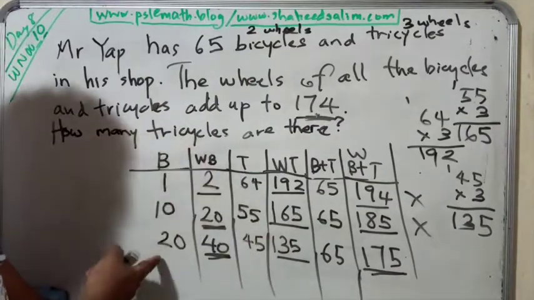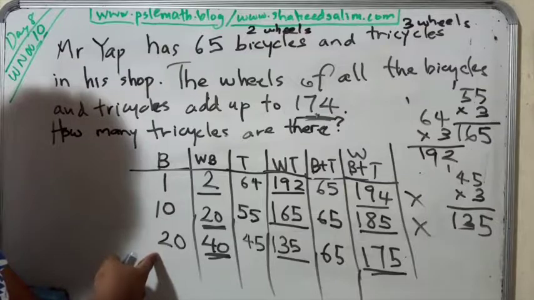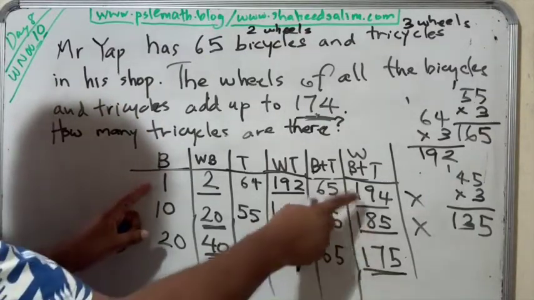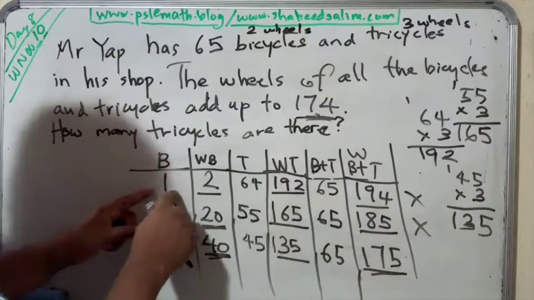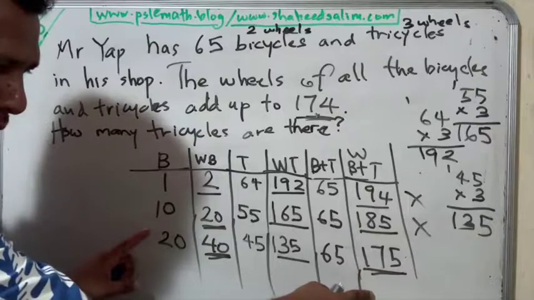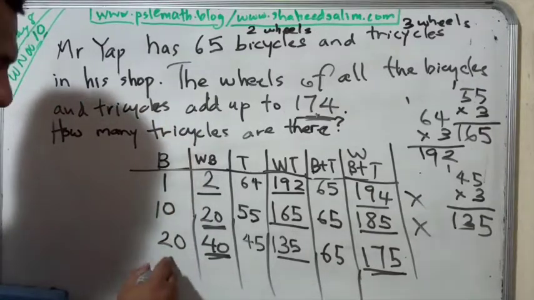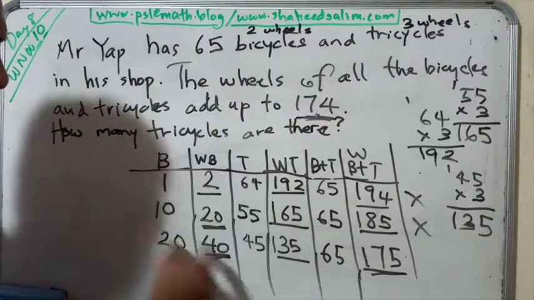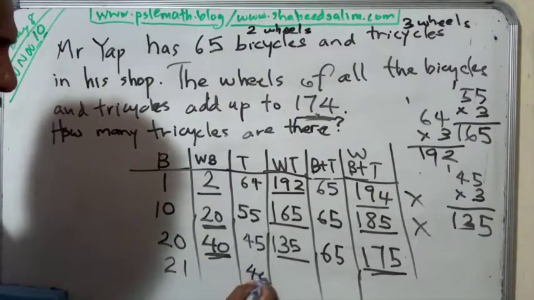So maybe we want a plus or minus 1. Look, in order to decrease the number of wheels, I increase this. So if I want to decrease one more, I increase by one more. Let me try 21. If I have 21 bicycles, I should have 44 tricycles.